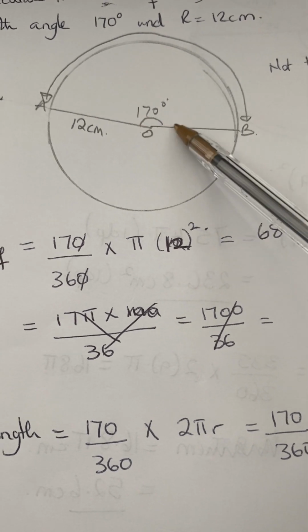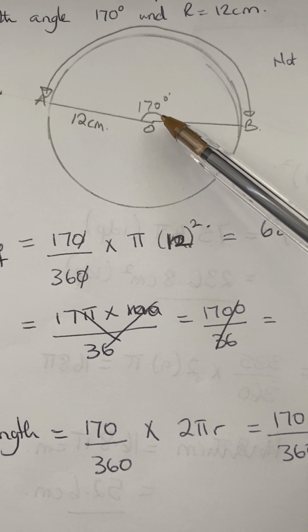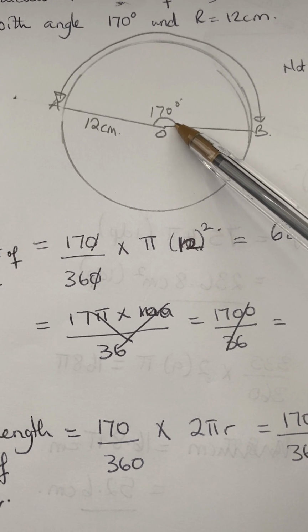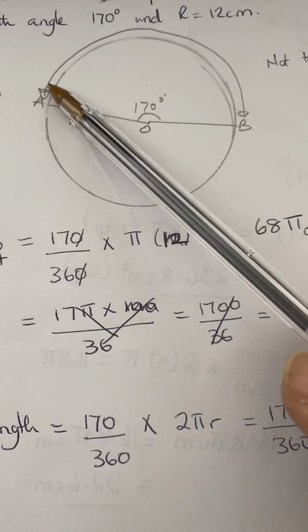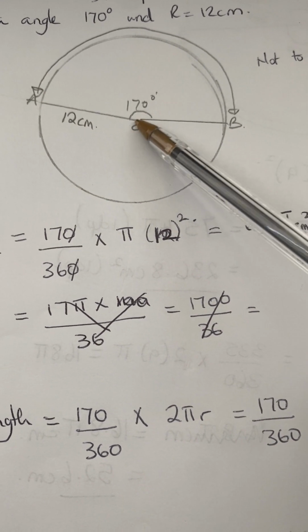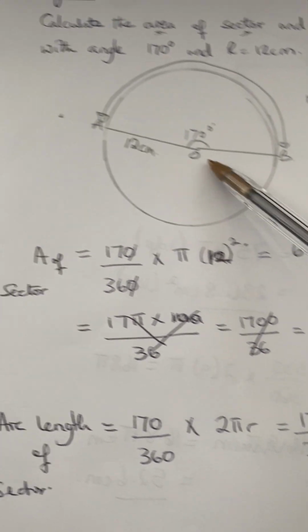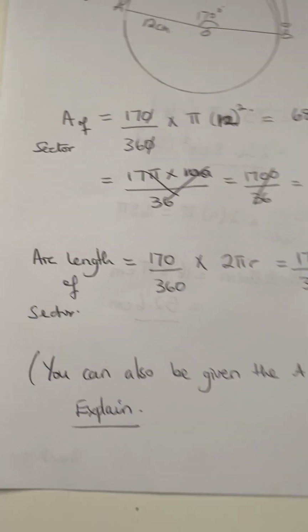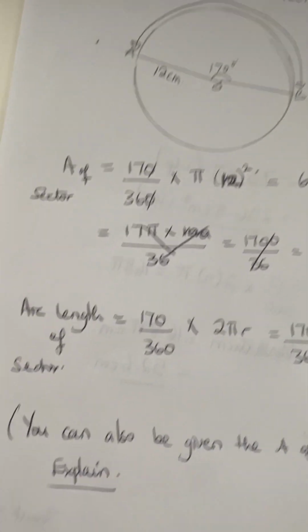Remember, angle is in degrees. They can also give you the arc length and the radius to find that. So you should be able to do that. Tomorrow I'll bring an example similar to that.